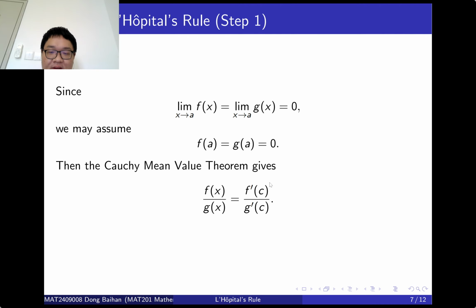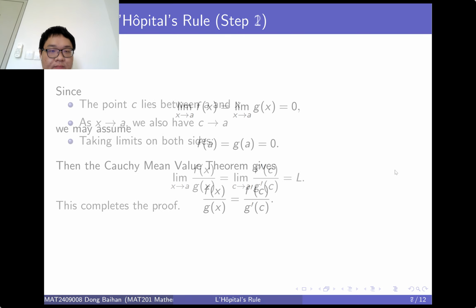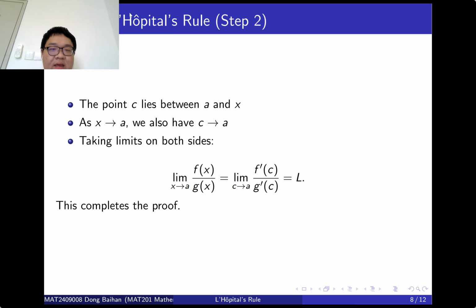Next, as x approaches a, the point c also approaches a. By taking limits on both sides, the limit of the function ratio equals the limit of the derivative ratio. So we finish the proof of L'Hopital's rule.